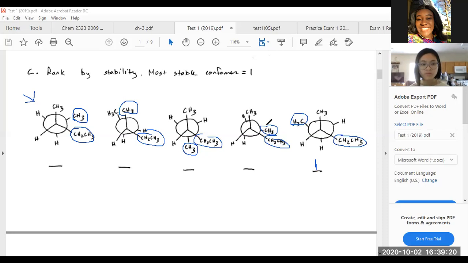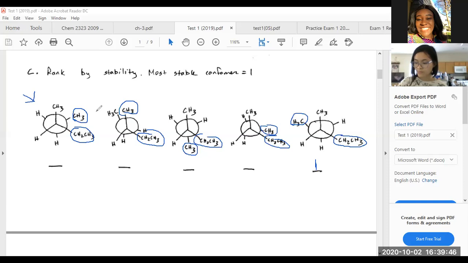Yeah, so next, when you're looking at which one's most stable, you look at the ones that are next to it but not eclipsed. So this first one and this third one would be the next two for us to look at.